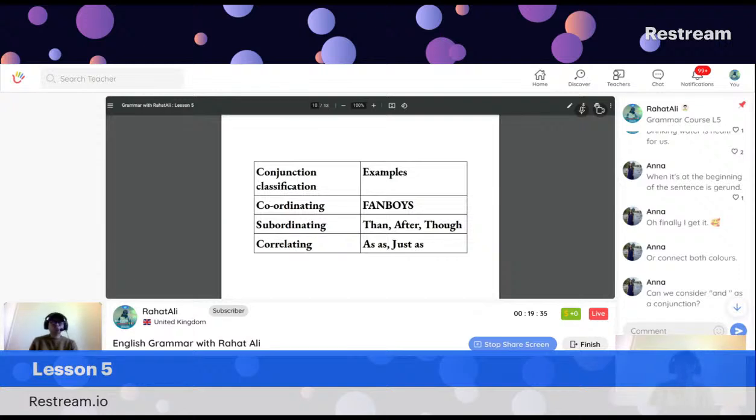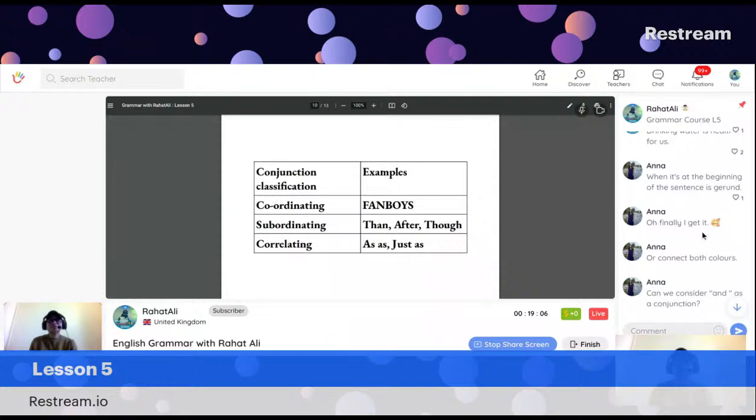These are the most common conjunctions we always use during our conversation and writing. Okay. So why is it called coordinating? This means with these words, they always make the coordination between two sentences, words, verbs, nouns, pronouns, incidents, situations, you know.